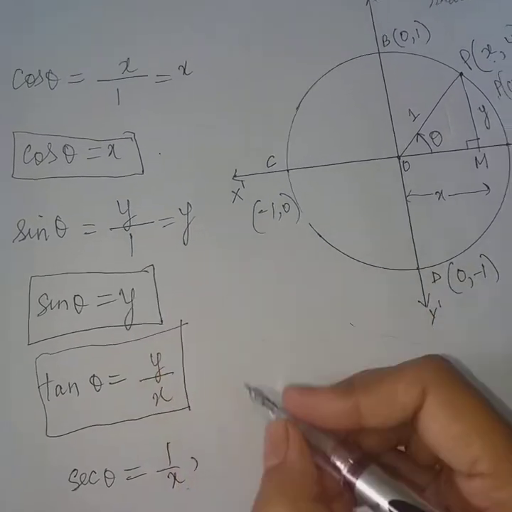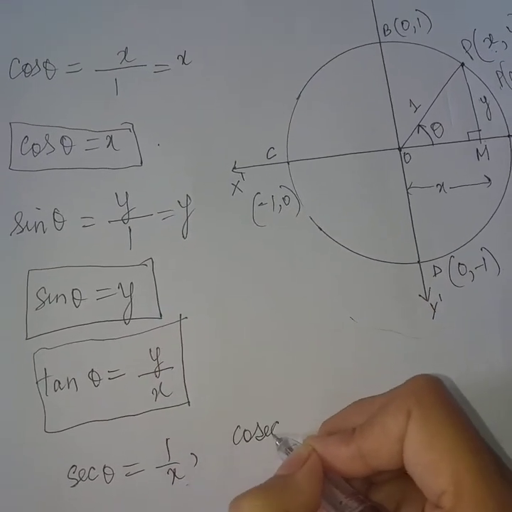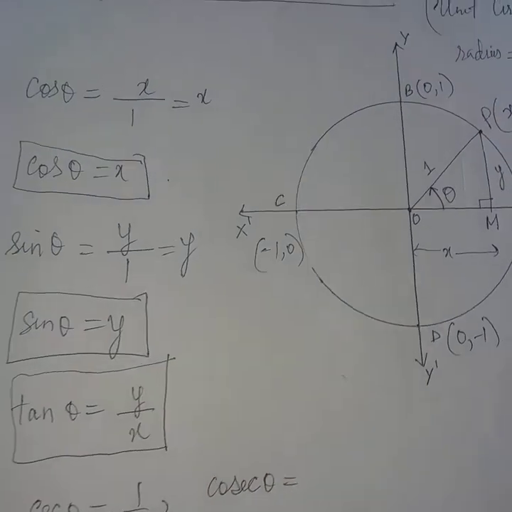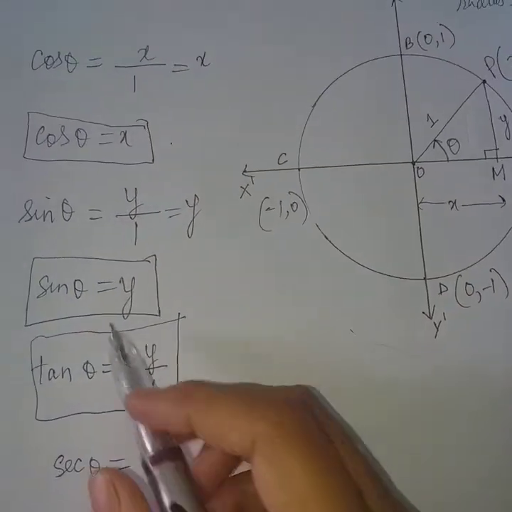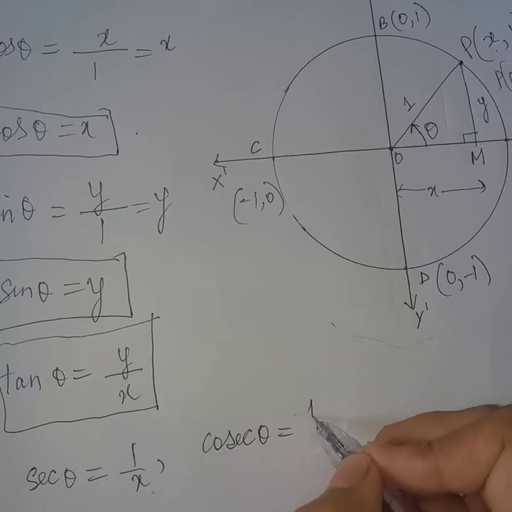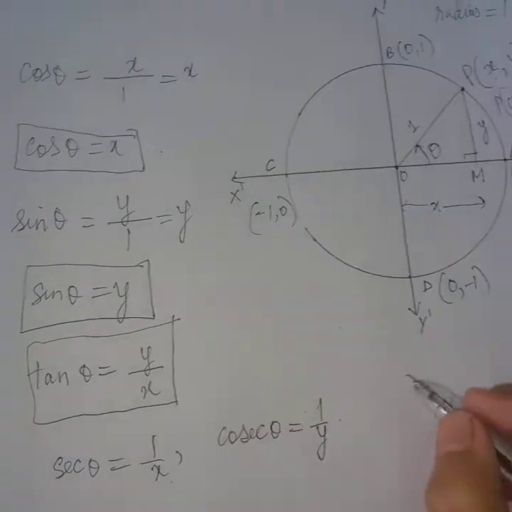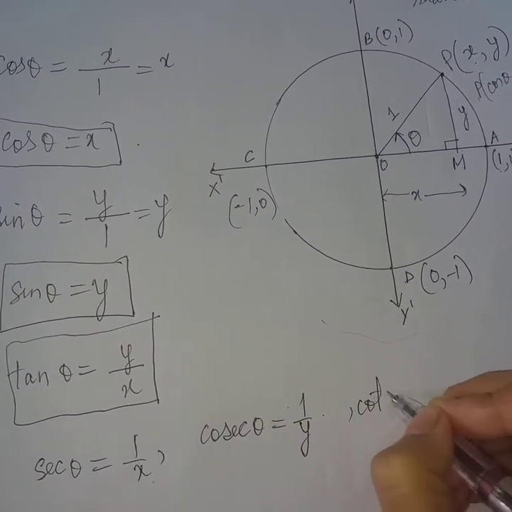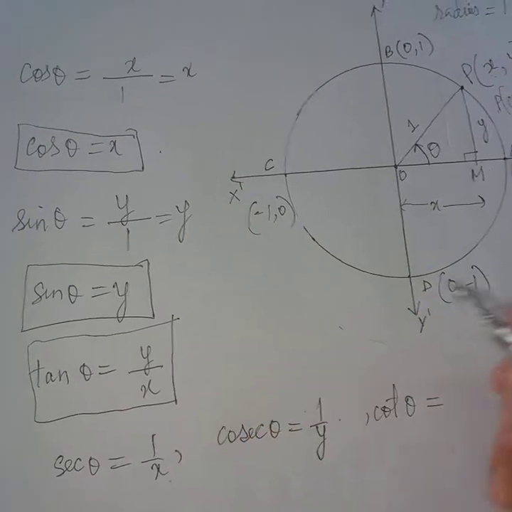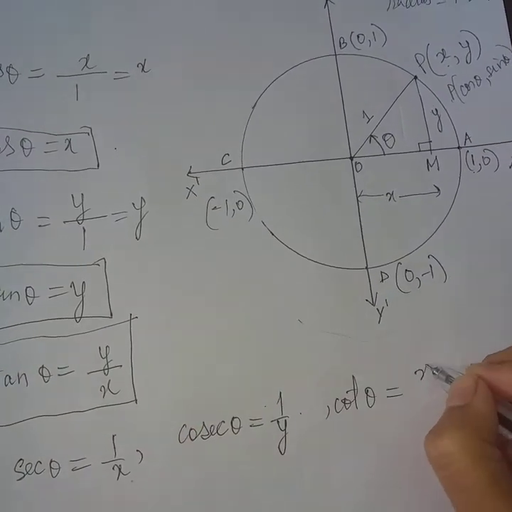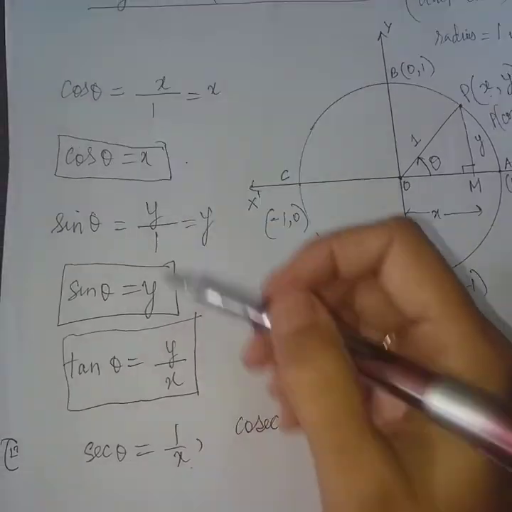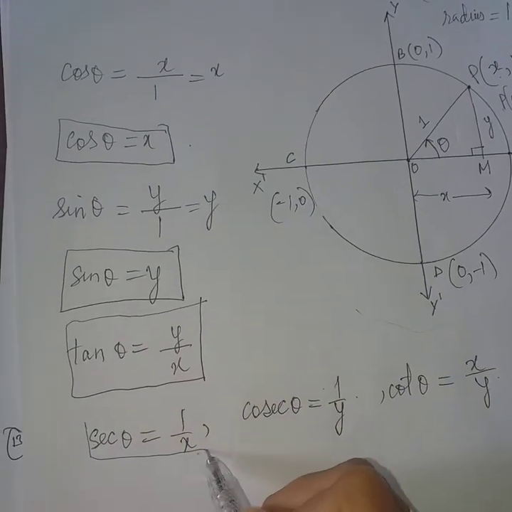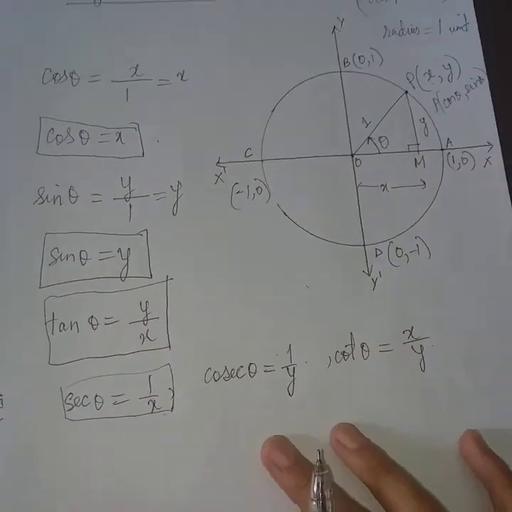And then cosec theta is 1 by sin theta, that means 1 by y. And cot theta is 1 by tan theta, that means x by y. So these are the 6 trigonometric functions. We got them from here only.